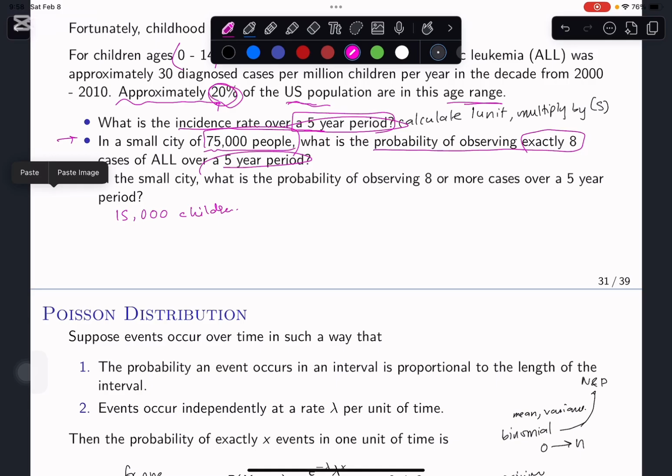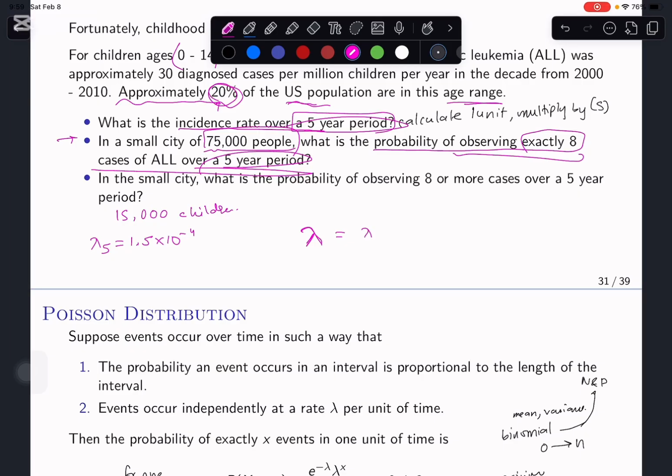Now what did they say next? They said we want to observe exactly 8 cases of ALL over a 5-year period. We first calculated above the incidence rate at 5 years, which was 1.5 times 10 to the power of minus 4. This is the incidence rate over the 5-year period. When you calculate the lambda itself, you do the incidence rate of 5 years times the population.